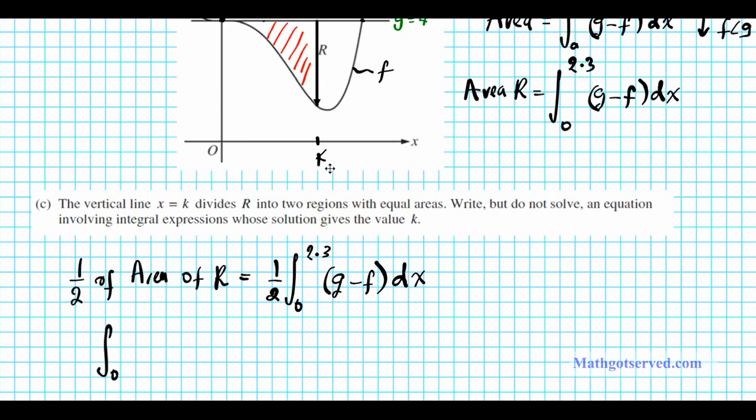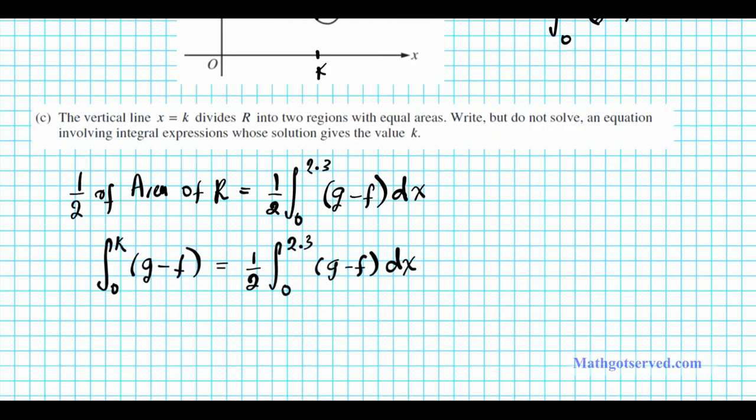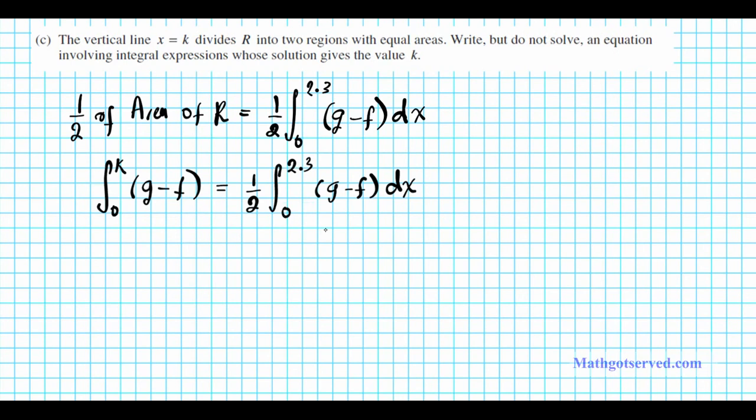From 0 to k, we don't know what k is, of the function on the top, which is g, minus the function on the bottom, which is f. That is equal to 1/2 of the area of the entire region, which we had set up earlier, the integral from 0 to 2.3 of g minus f dx. So this is basically the setup that we can use to solve it.